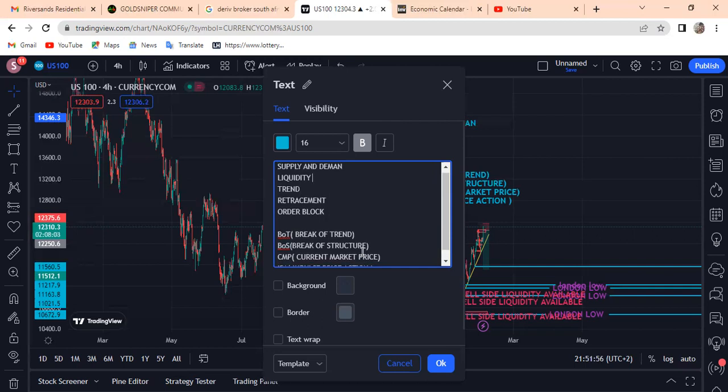I think another one I should have added is, I think we should first start off with pips or points. Pips slash points. Or some actually like to call it price.